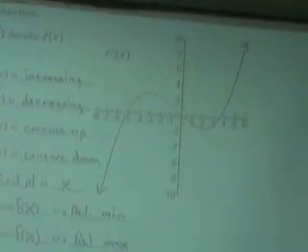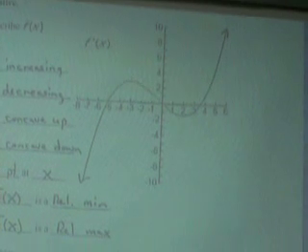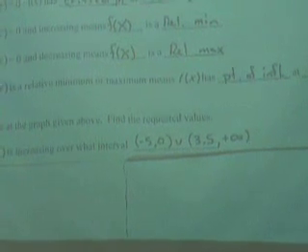Negative 5 to 0 and 3.5 to infinity. Because it's crossing between 3 and 4. Not the same thing. But close. Just make sure we examine this. Sean. All right, what about decreasing, Sophie? From negative infinity to negative 5, and from 0 to 3.5. 0 to 3.5, sure.